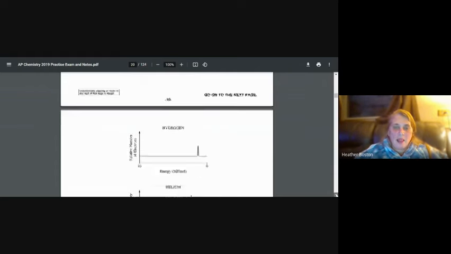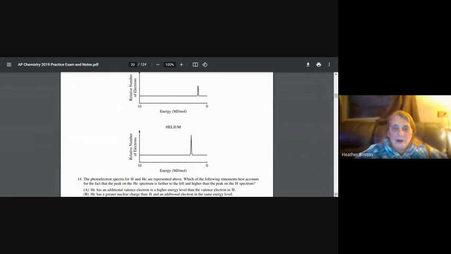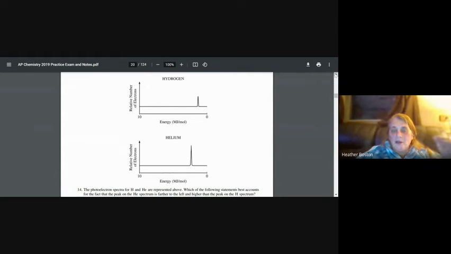All right, here's another one that's back from first semester. So if you remember, the key here is what's on the x-axis is energy. What's on the y-axis is relative number of electrons. So you can see that the peak for helium is twice as tall because hydrogen has 1 electron, helium has 2. That's why the peak is twice as tall.